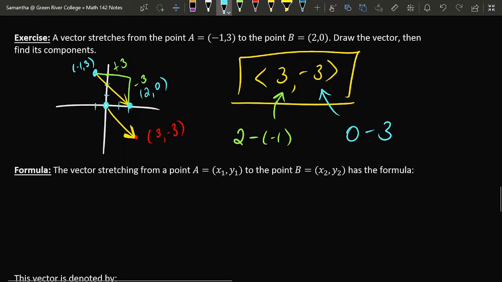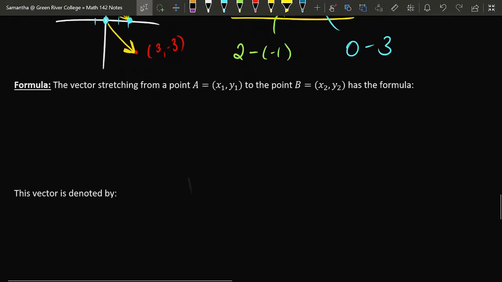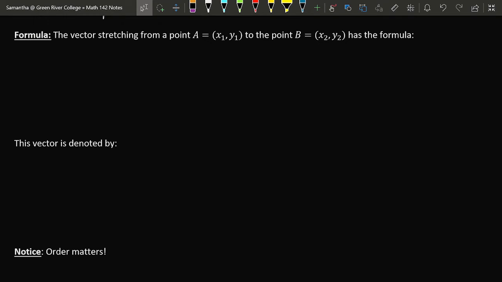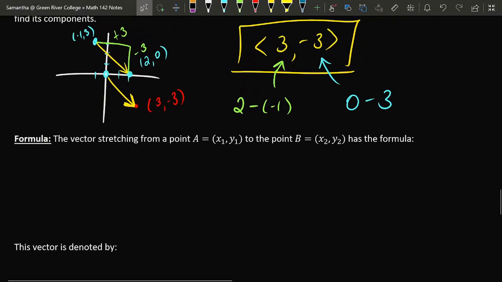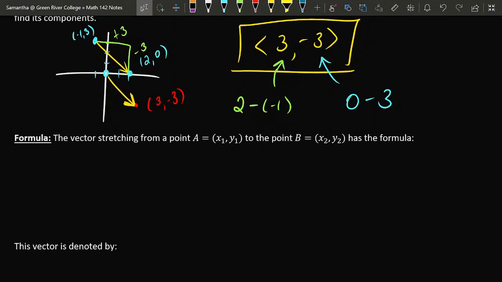Now, taking that observation and generalizing it to an arbitrary pair of points A and B, we get the following formula. If you want to figure out the components of a vector which stretches from the point A, which I'll represent as x1, y1, to the point B, which I'll represent as x2, y2, all you have to do is this.